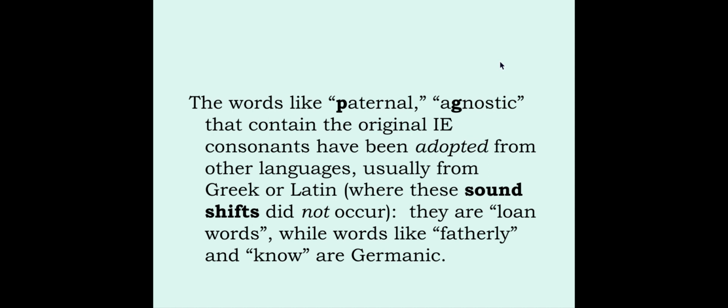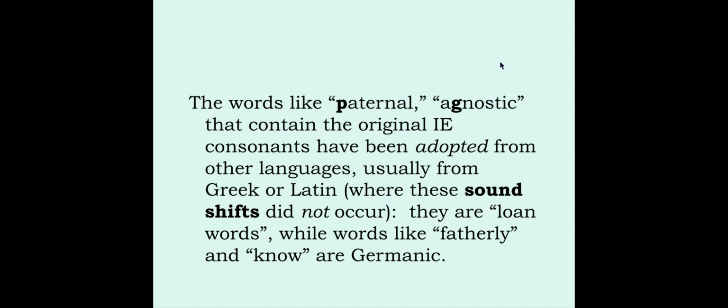In Greek and Latin, those sound shifts didn't occur. Greek and Latin didn't shift their P's or their G's. And so words that contain these original IE consonants, like P and G, that go back to their original Indo-European root, those must be loan words in English, right? They're words that were adopted or taken over from some other language.